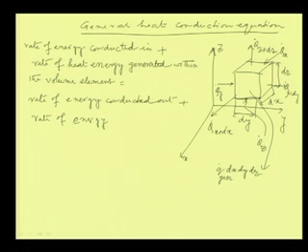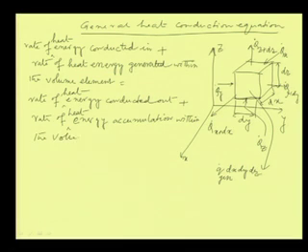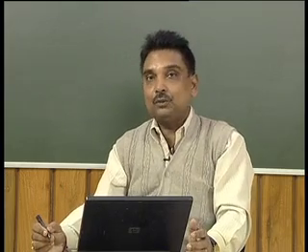Again, in all the cases we should say the rate of heat energy, and the rate of heat energy accumulation within the volume element. Okay. This also can be called the rate of change of internal energy of the volume element.